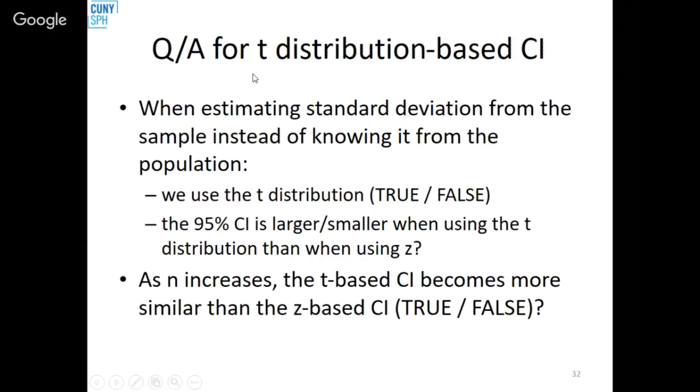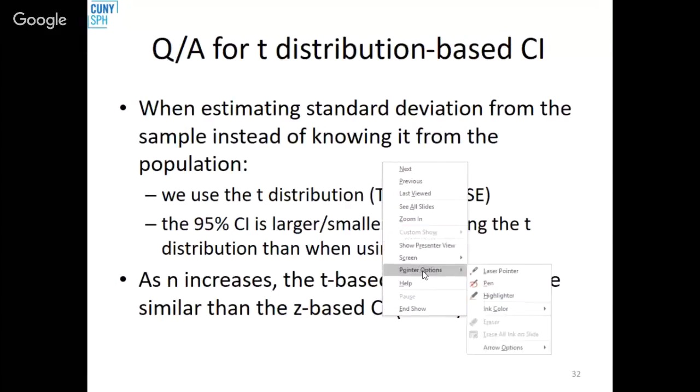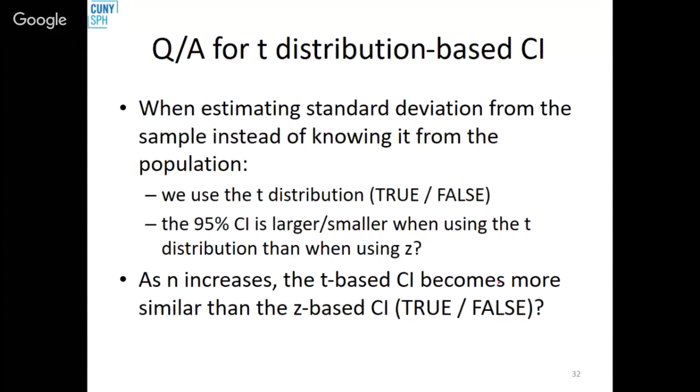All right, some more Q&A. When we're calculating a confidence interval from the t-distribution, when we are estimating the standard deviation from the sample instead of knowing it from the population, we use the t-distribution. True or false? True. Very good. That was an easy one.